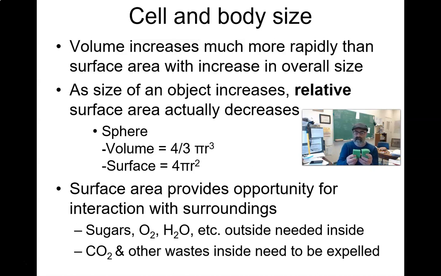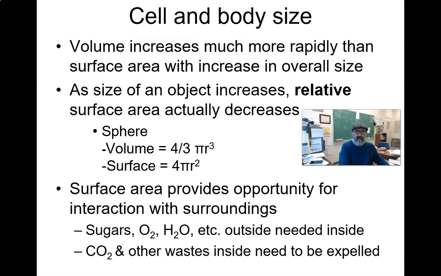I have a little sponge, and then a medium-sized sponge, and then the large sponge, which is basically two medium-sized sponges bound together. As we go from this little sponge to this big sponge, the volume of sponge increases much more rapidly than the area of the sponge.